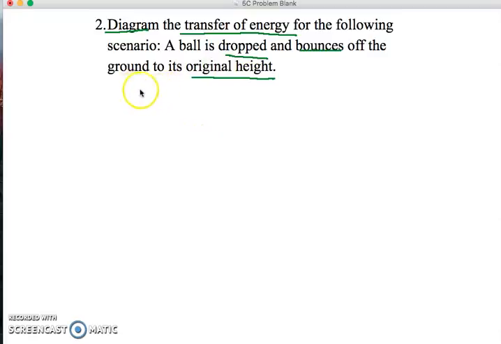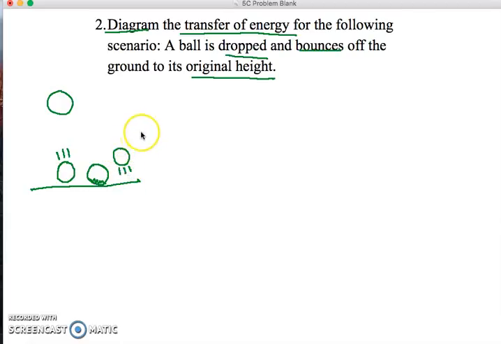Before I do the energy conversion diagram, I'm going to draw out what's happening. We have a ball hitting the ground, moving at some velocity, and then it hits the ground and squishes a little bit. After that, it moves up with some velocity and eventually reaches its original height.